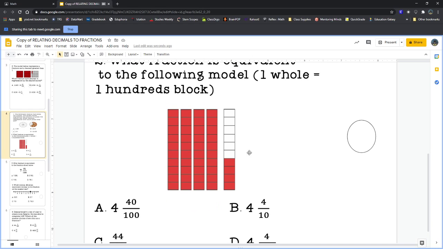I can see that they don't even have a whole hundreds block here. So if 1 whole is a hundredths block, there's no way they can have 1 whole yet. They've only got parts of it.